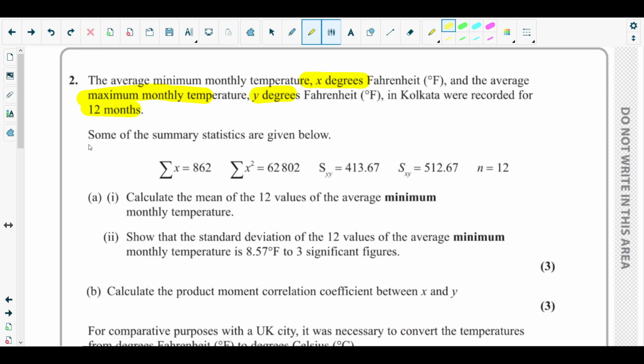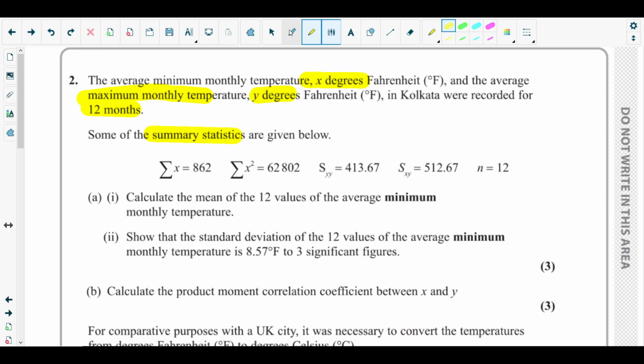Some summary statistics are given below. Sum of x is 862, sum of x squared is 62,802, Syy is 413.67, Sxy is 512.67, and the number of data is n equals 12, because they are considering 12 months.